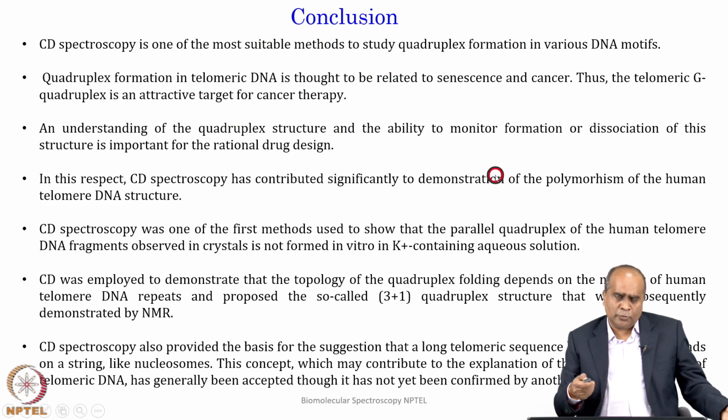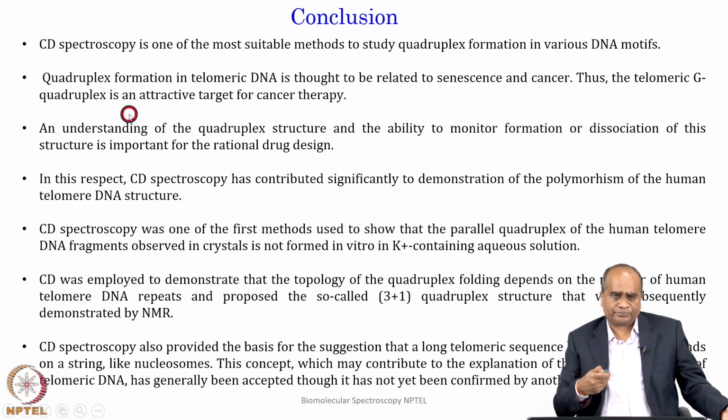So, one can do in vitro drug screening of potential cancer therapeutics by taking this quadruplex. Understanding this quadruplex structure and the ability to monitor its formation or dissociation is important for rational drug design. So, if the molecule is perturbing the quadruplex structure, we know that this is a potent molecule.